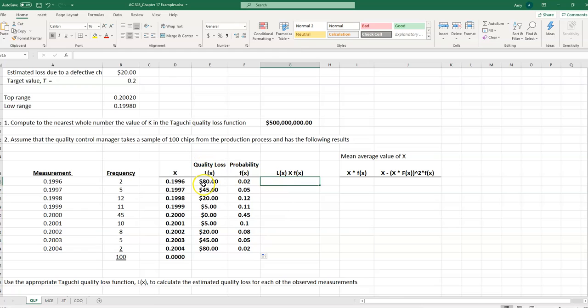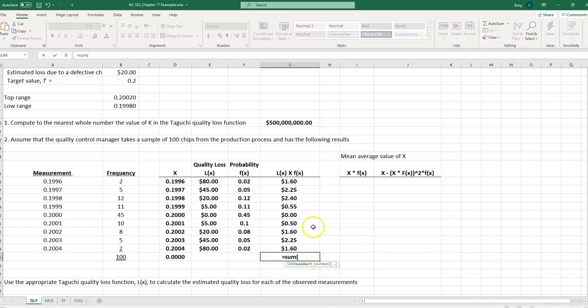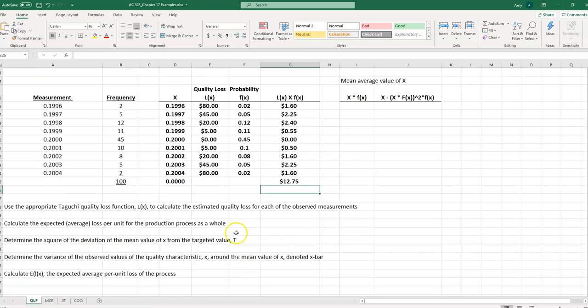We take our L of X line times the probability of that happening, and we get values for the production process. We add those values together, and the average loss per unit for the production process as a whole is $12.75.